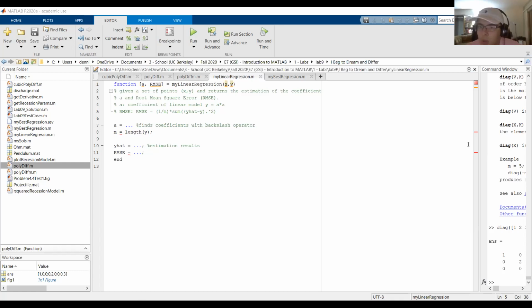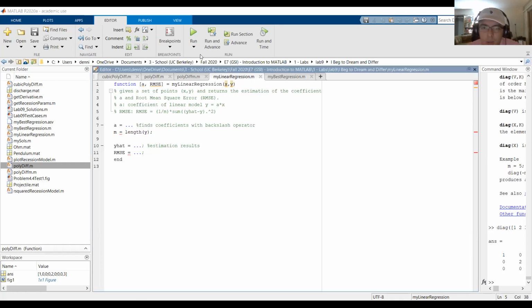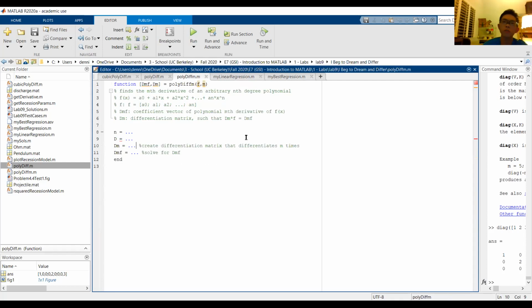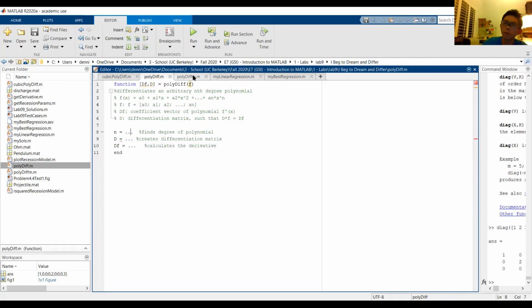Should we poll? My best regression. Actually, Jose, do you think it's best to skip to the most complex ones? I feel that people should understand how to do the first two parts before we attempt these ones.